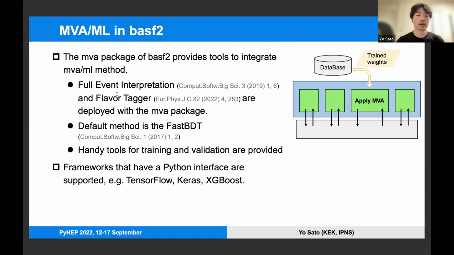And the full event interpretation and the flavor tagger are deployed with this MVA package. In this package, the default method is the FastBDT. And also this package provides a lot of handy tools for training or validation.